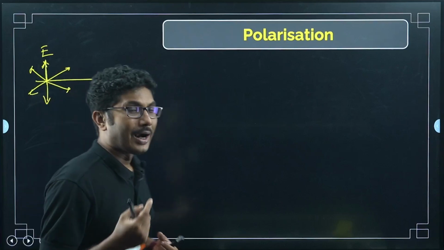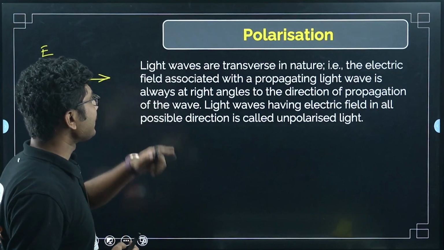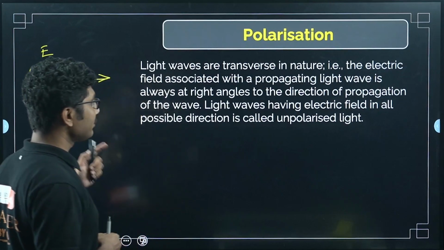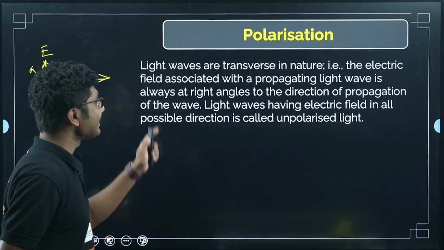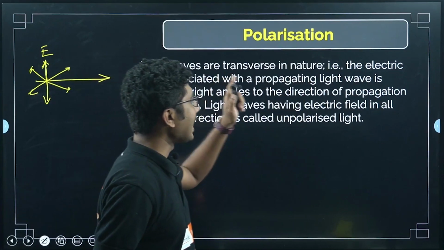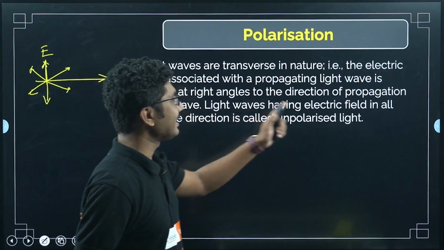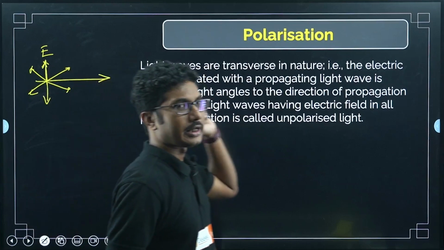So what is this? Light waves are transverse in nature, right? So the electric field associated with the propagating light wave is always at right angles to the direction of propagation of the wave. Light waves having electric field in all possible directions is called unpolarized light.